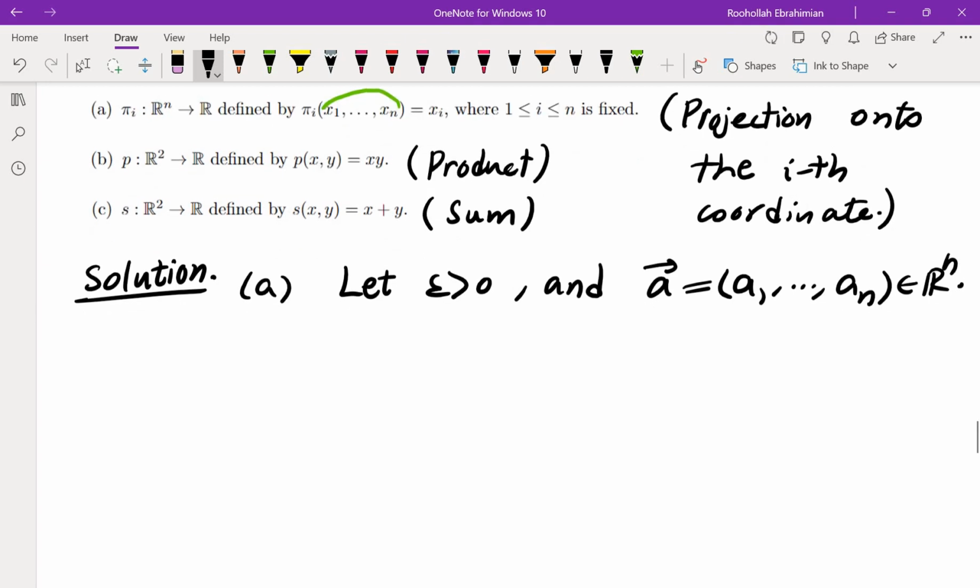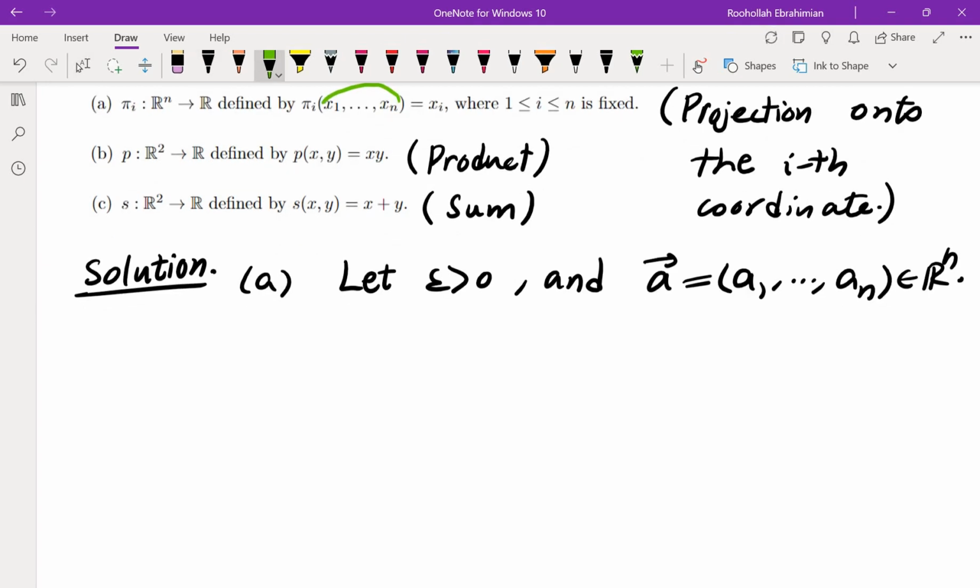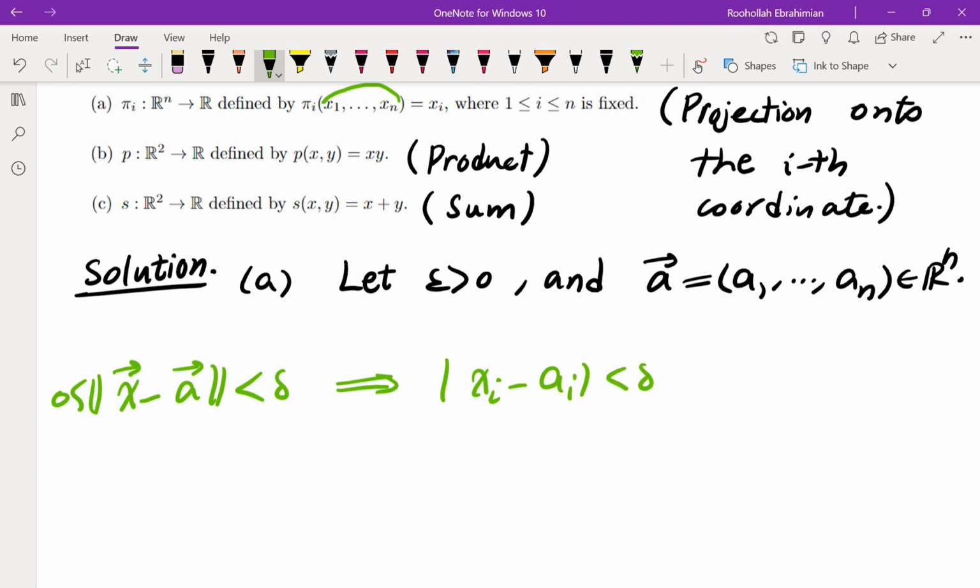So we could just take delta and epsilon to be the same. Let me explain that. We want to go from the distance between x minus a being less than delta to the distance between xi and ai being less than epsilon.